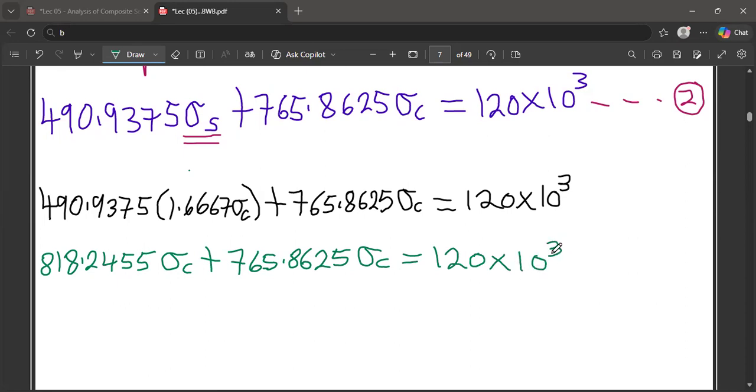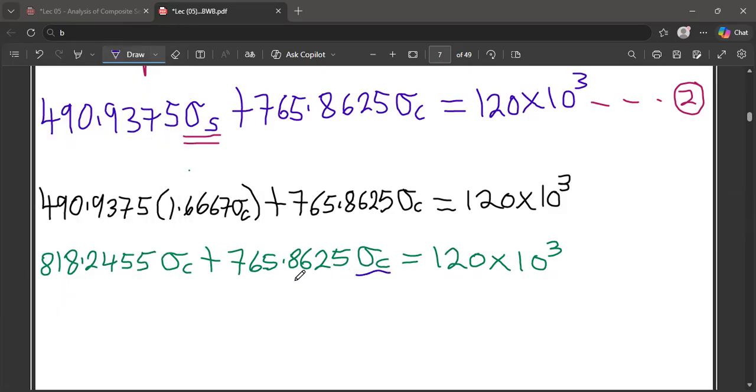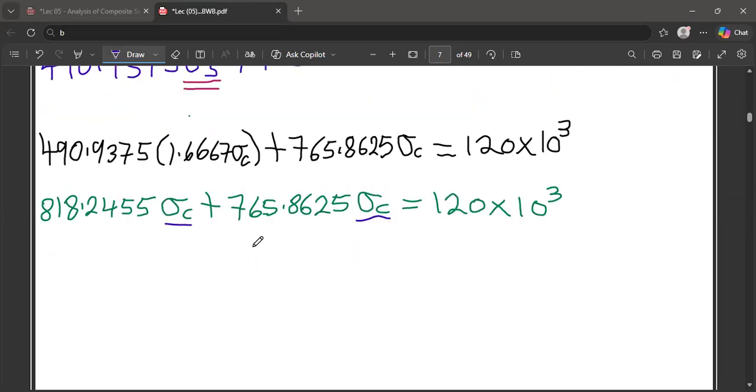So you see now they're all uniform. It's a matter of making one the subject and using it to solve. We can add them because the symbol over here and the symbol over here are the same. So let's add these two now and see how best we can proceed.